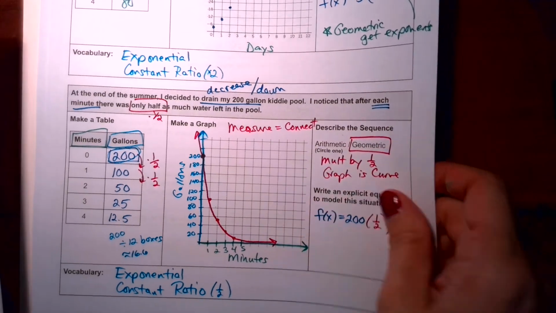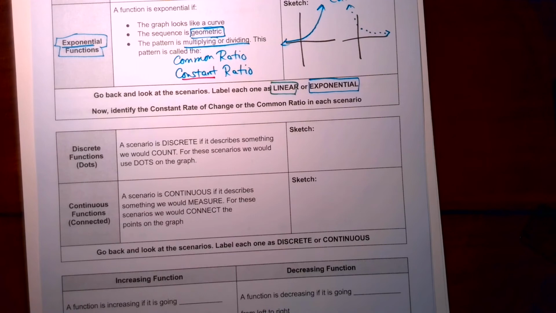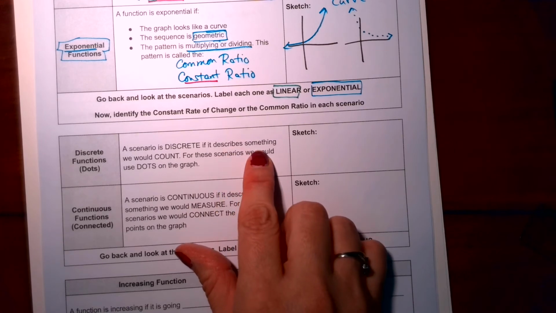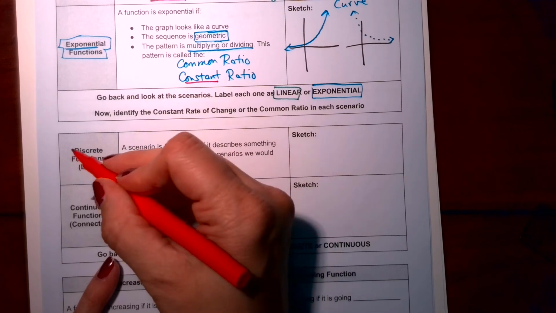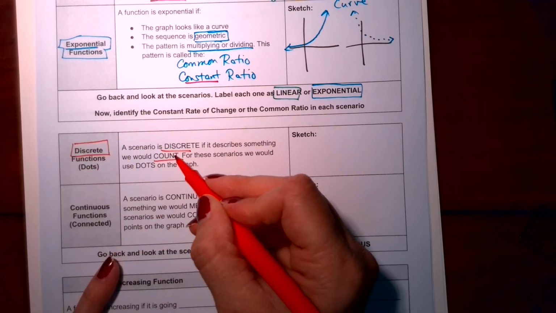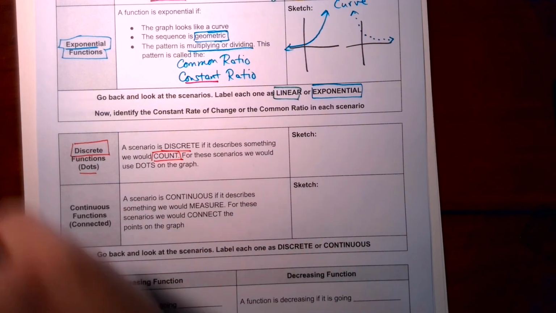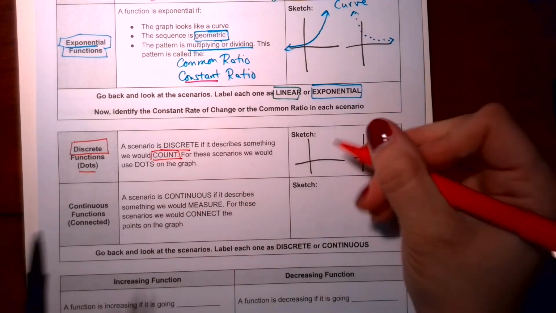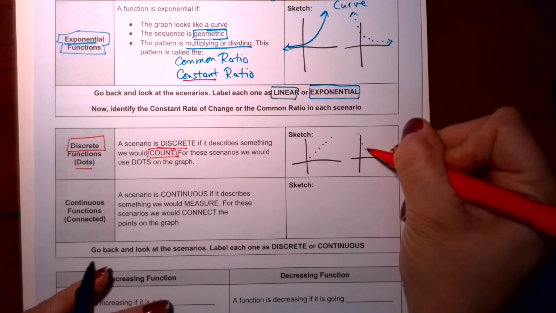Let's go back to our notes. A discrete function. I'm going to switch colors here. It describes something that we count. So it's discrete if it's something we count, and then you draw dots. What would that look like? Well, it could be linear and be dots, or it could be exponential.